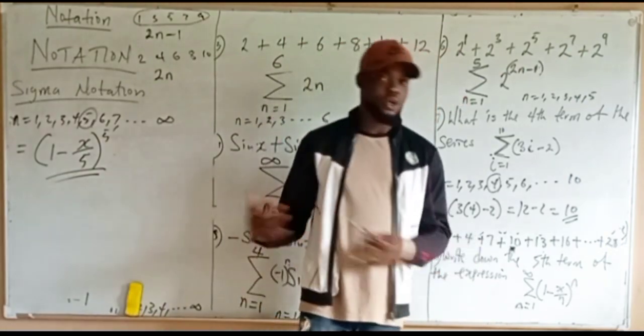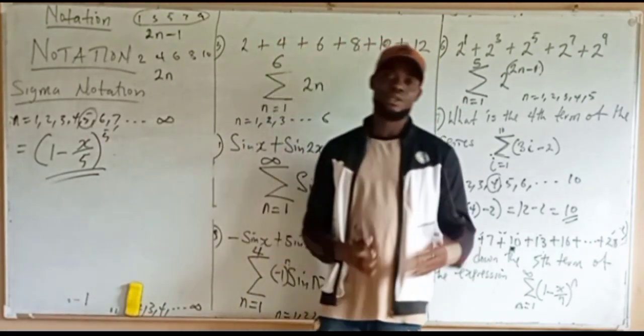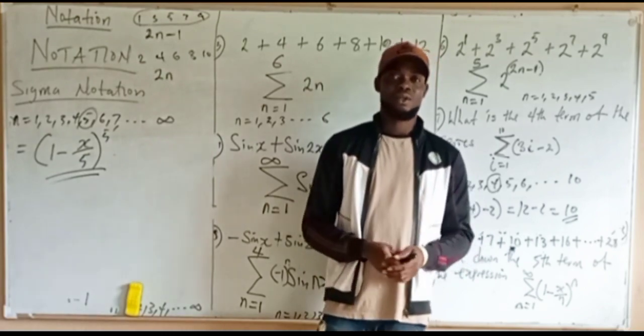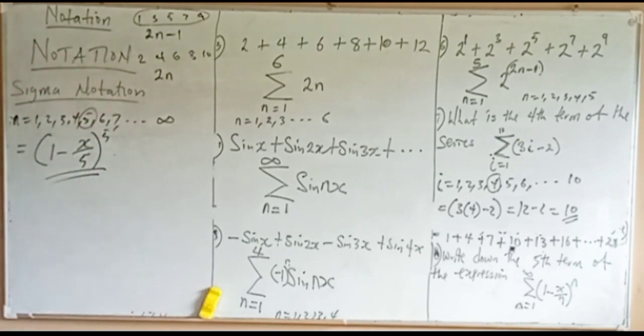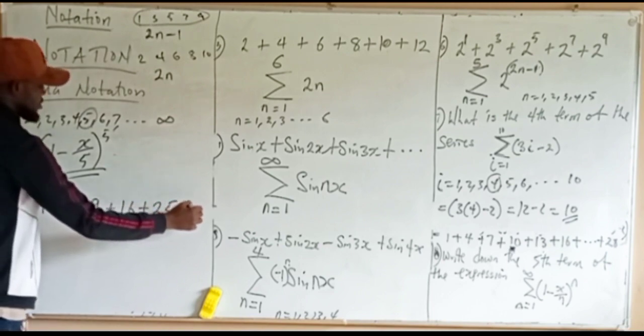So please ensure you practice this, practice other questions and the rest. Before we go, I would like to give us one more to express using sigma notation. Express this one using notation: 1 plus 4 plus 9 plus 16 plus 25 plus dot dot.